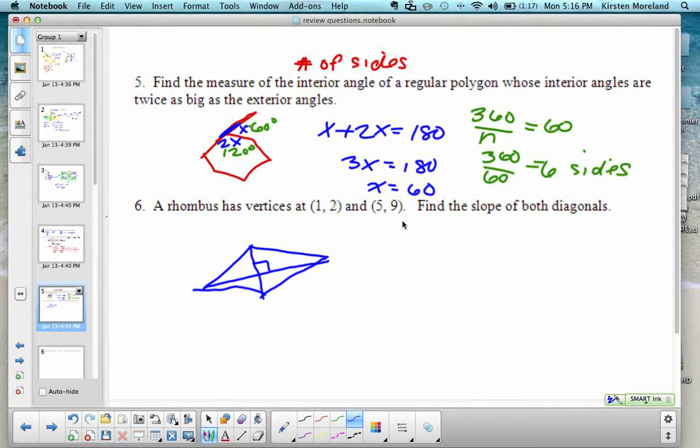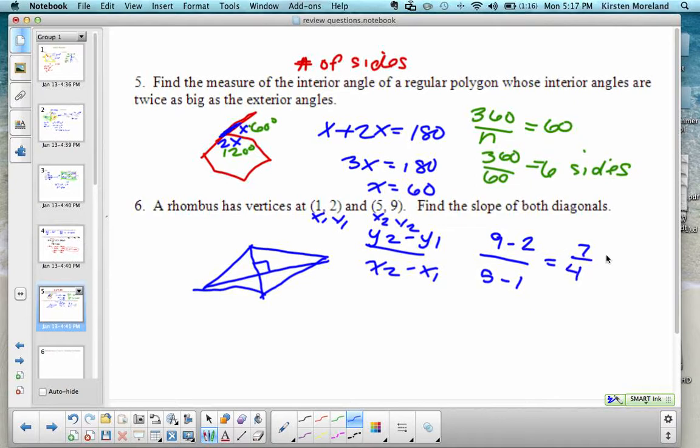So I'm working with perpendicular slopes. So remember the slope formula is y2 minus y1 over x2 minus x1. So if I label these x1, y1, x2, y2, I get 9 minus 2 over 5 minus 1, which gives you 7/4. So the slope of one diagonal is 7/4.